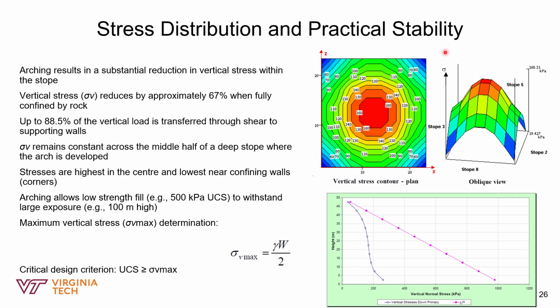On top we have two figures, one in plan view and the other in oblique view. These figures illustrate the spatial distribution of vertical stress across a horizontal plane of a fully confined stope. Looking at the plan view figure, the contour lines map areas of equal vertical stress.